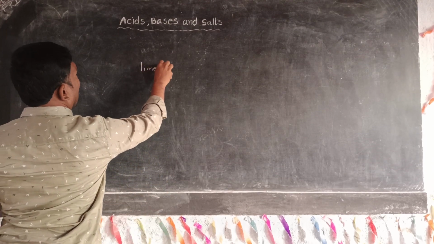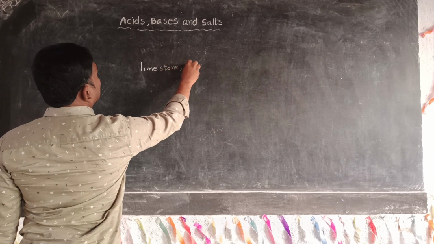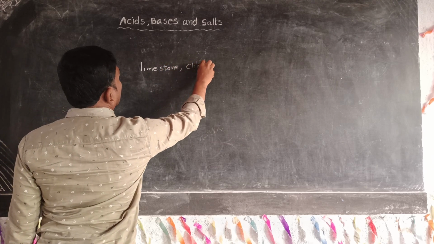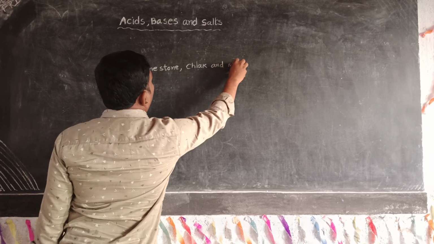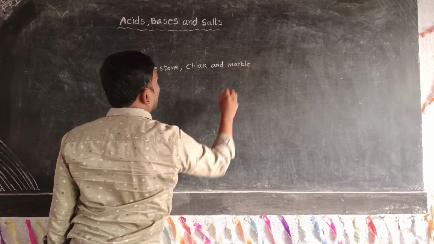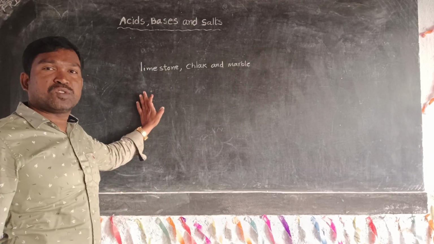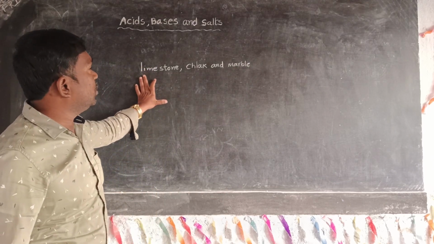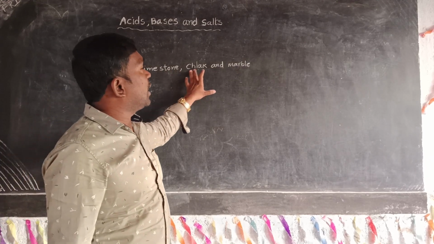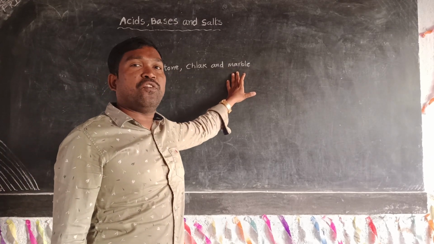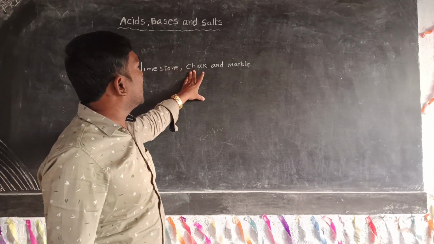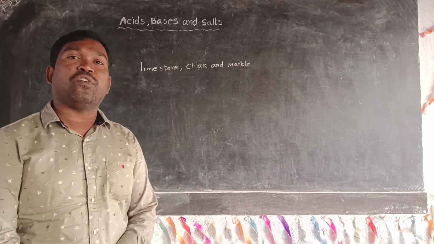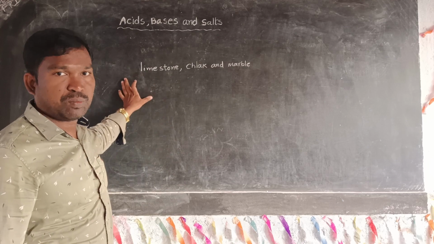Limestone, chalk and marble are different forms of calcium carbonate.